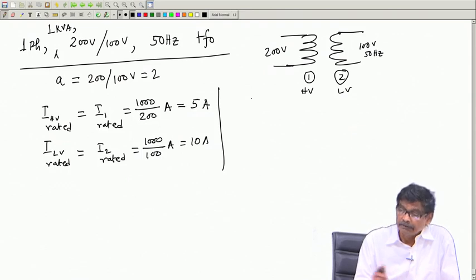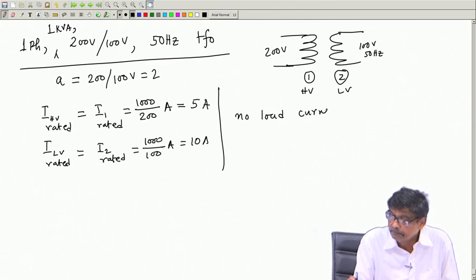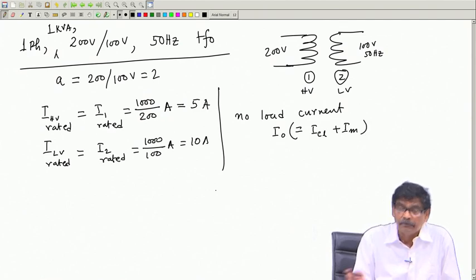Acha, after calculating this, I now make one very interesting point, that the no load current of a transformer, that is I naught. You recall I naught was equal to ICL plus I magnetizing. Okay.